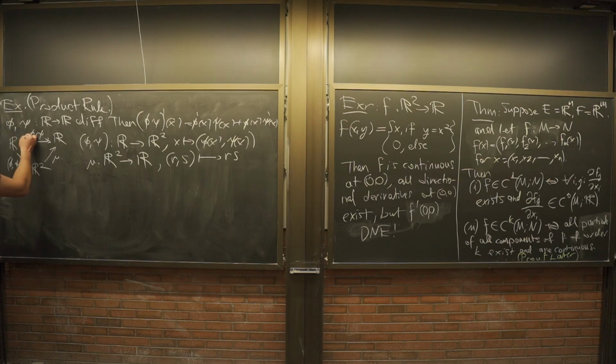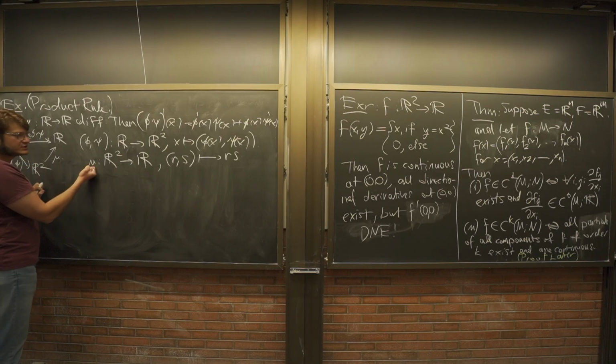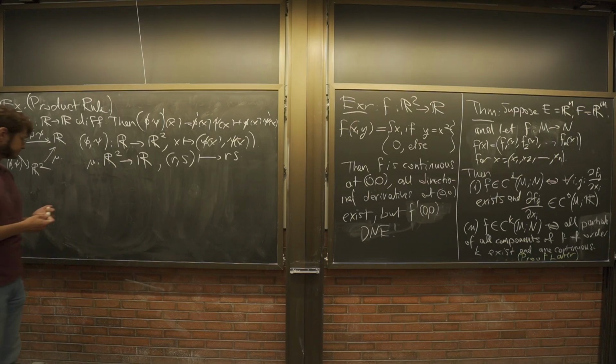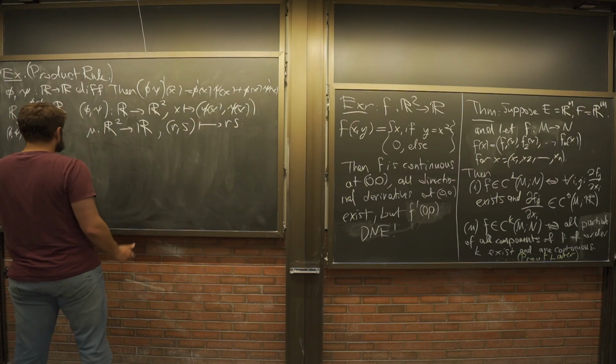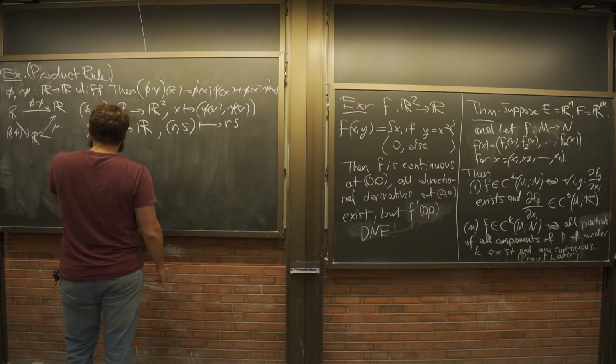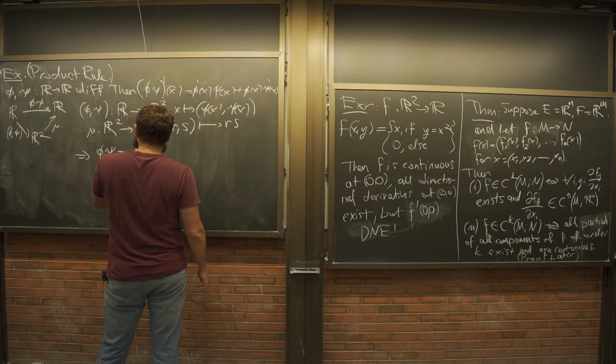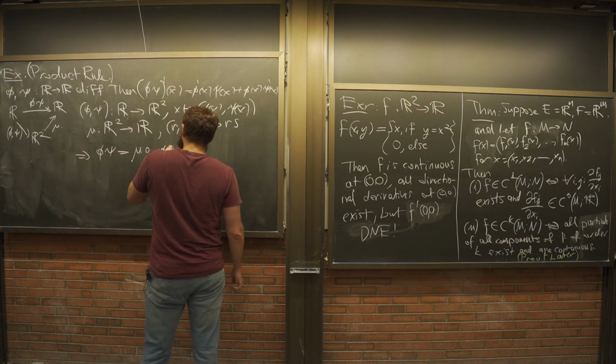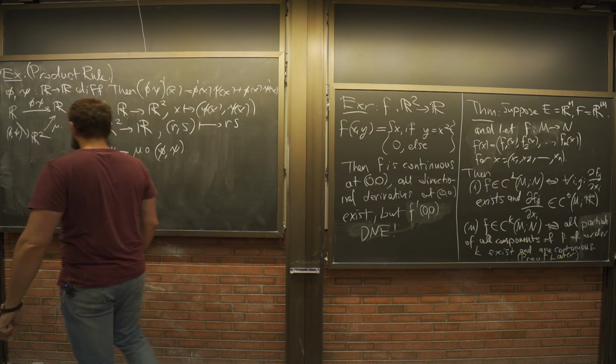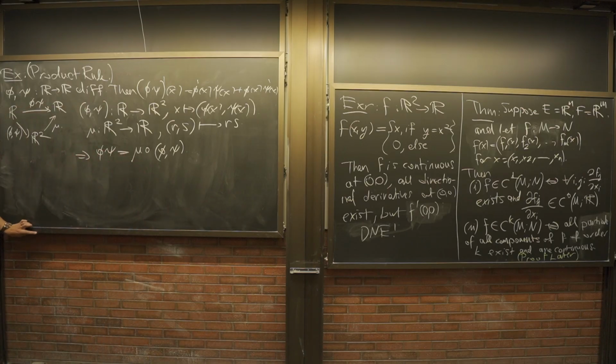So this product function is multiplication composed with this component function. Are we happy so far? I just factorized this product function into two more complicated looking functions. OK?